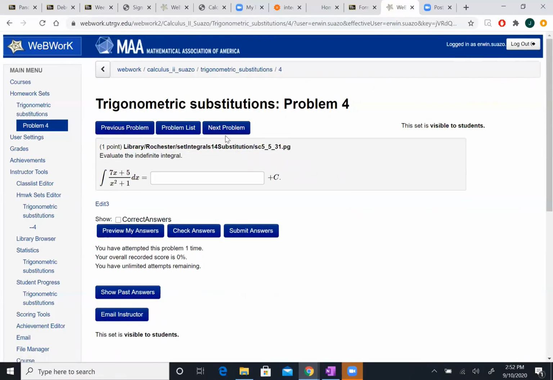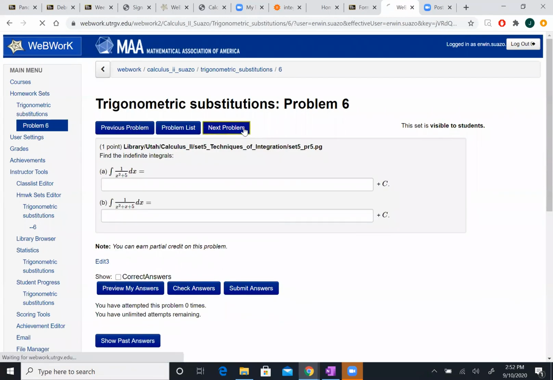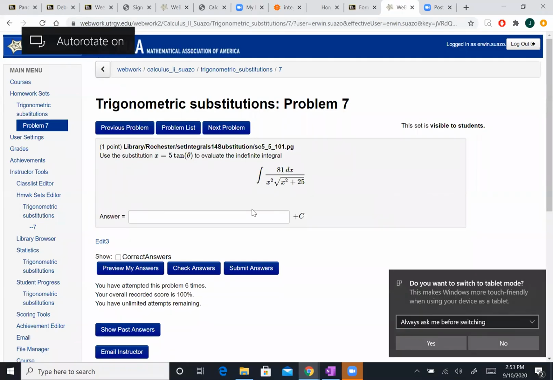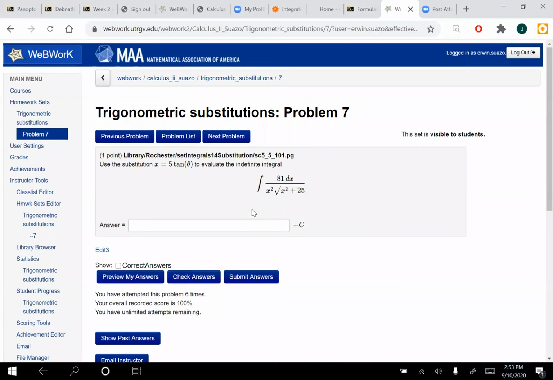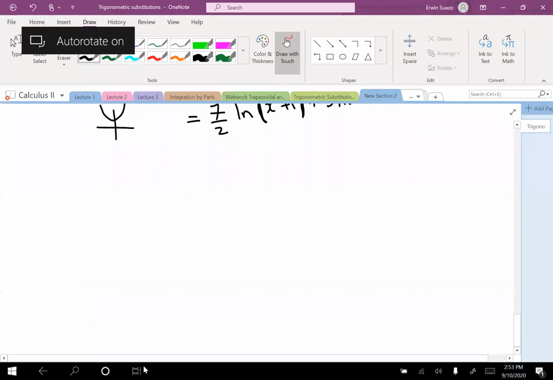We solved this one. Now, this one we'll do tomorrow, as ugly as it can get. So here we go. This is a really good one for the exam, okay?